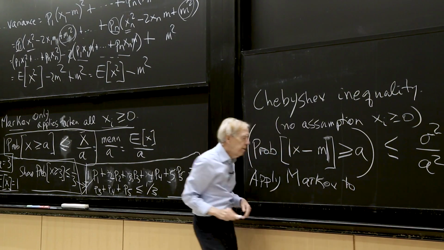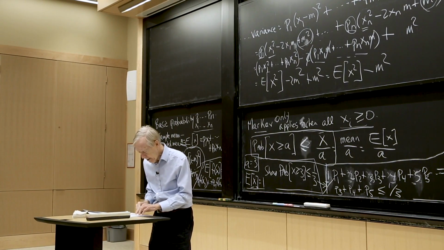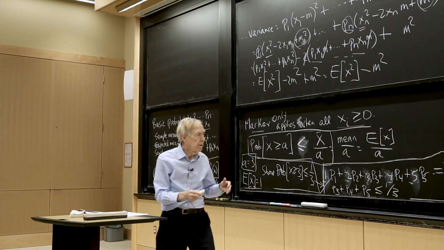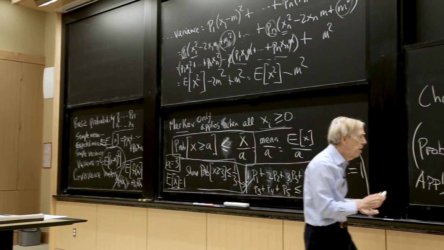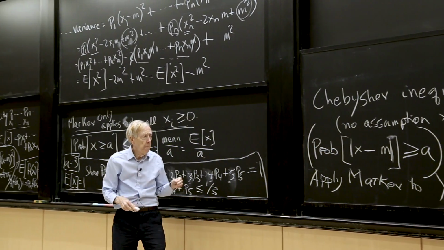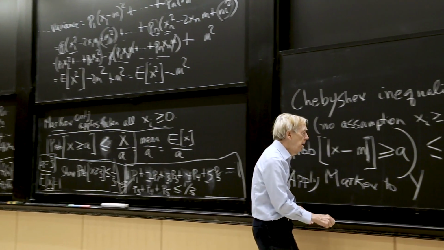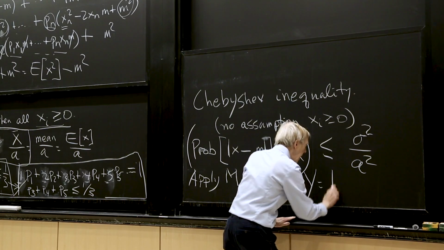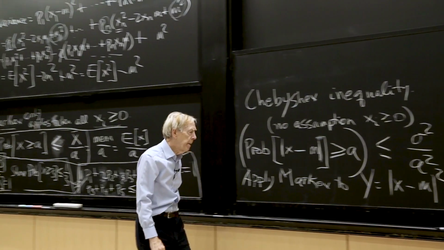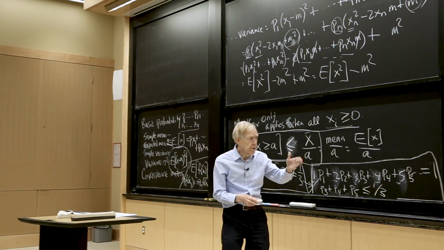I'm going to apply it to a new variable, let me call it y. This will be a new output, x minus m squared, with the same probability.